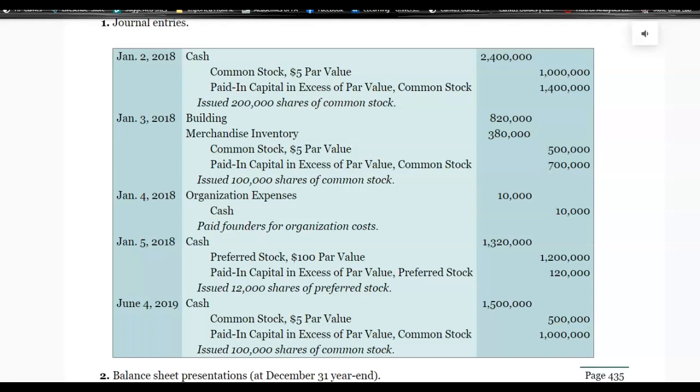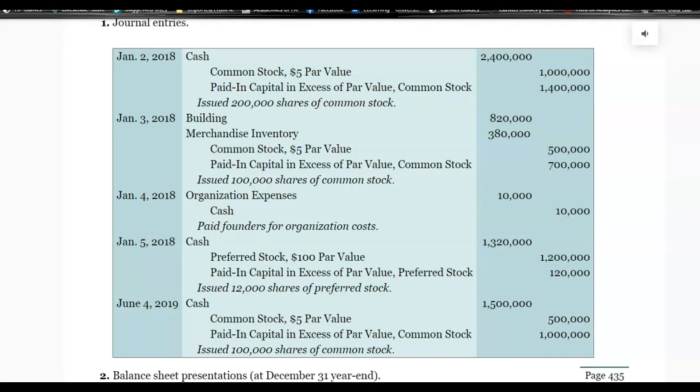Notice this account is a separate account from the one that we set up for common stock. So we have two paid in capital accounts, one for common stock, one for preferred stock. And so we have $120,000 credited to that account. And again, equity accounts have normal credit balances, which means that credits increase what's inside that account.